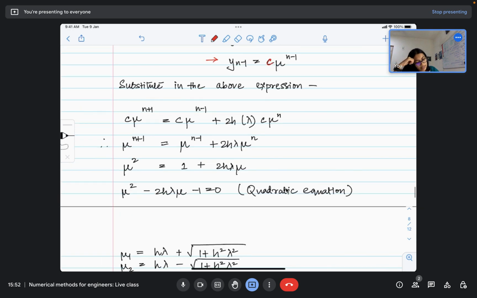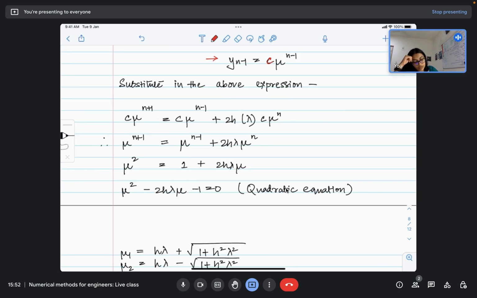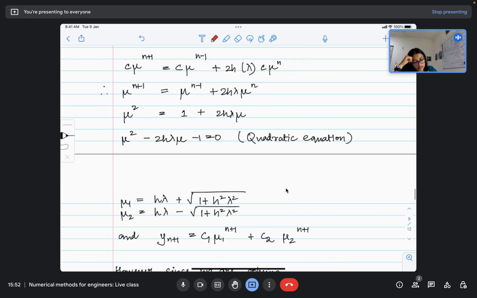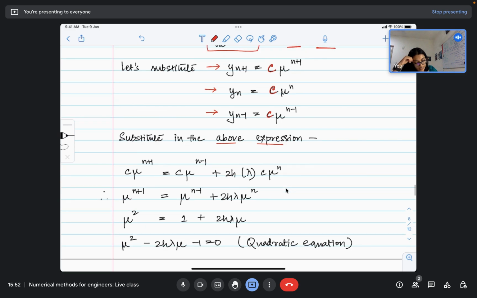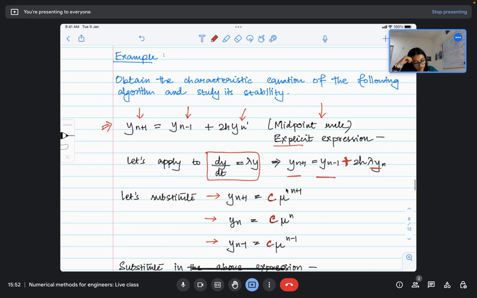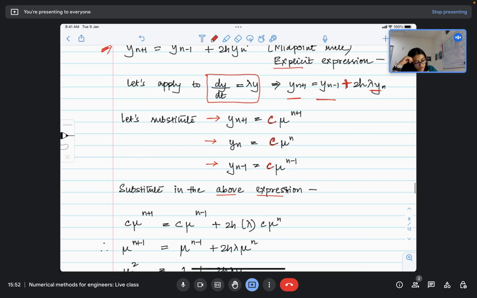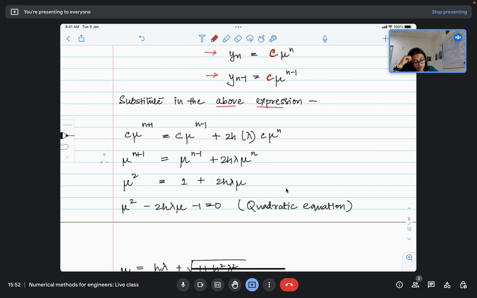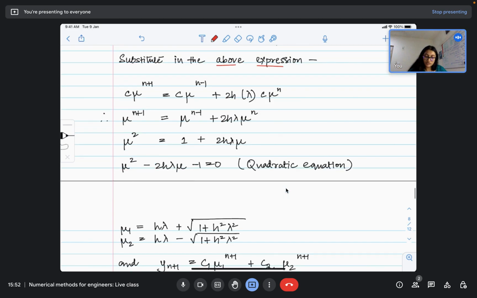Okay. Now let's substitute in the above expression. And if we substitute these values in the expression that we had written, we are going to get C mu to the power n plus 1 is equal to C mu to the power n minus 1 plus 2h lambda C mu to the power n. Okay.